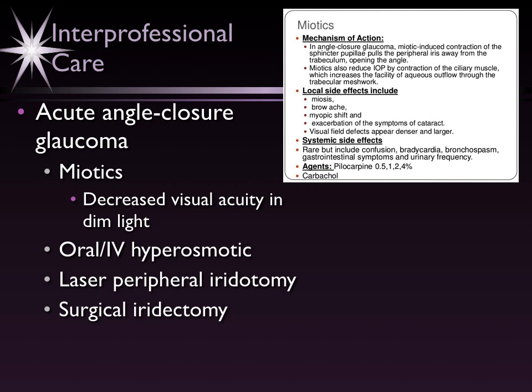They may do laser peripheral iridotomy or surgical iridotomy, and what that does, if it's necessary, is prevent subsequent episodes by opening up that angle that had acutely closed. And so that allows the aqueous humor to flow through that new opening in the iris and into the normal outflow channels.